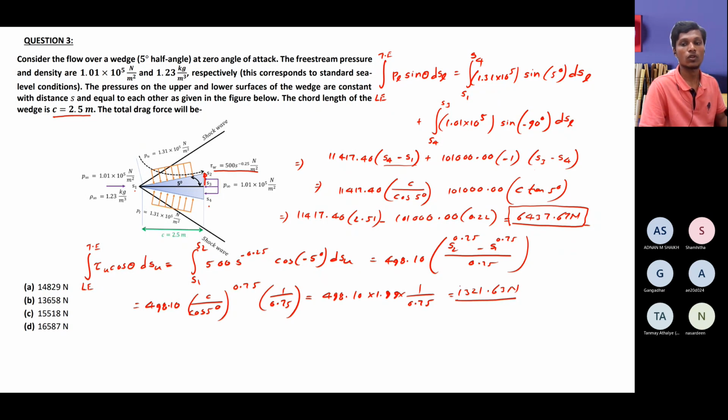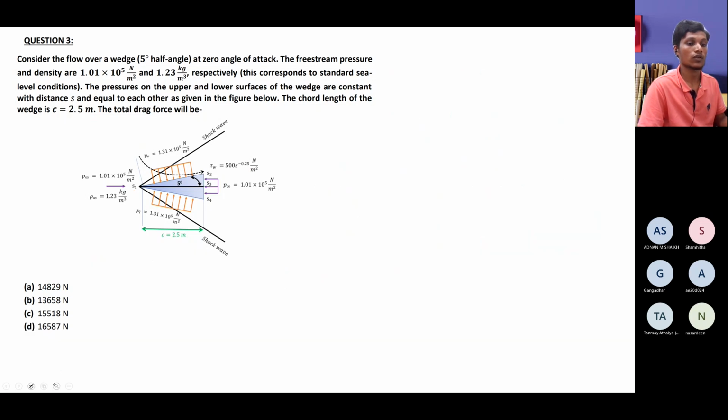So now we have the shear force on the upper surface. This is the value on the upper surface. Let's calculate the axial force due to the shear stress on the lower surface also. The same way as we calculated the force due to shear stress on the upper surface, let's calculate on the lower surface, from the leading edge to the trailing edge.